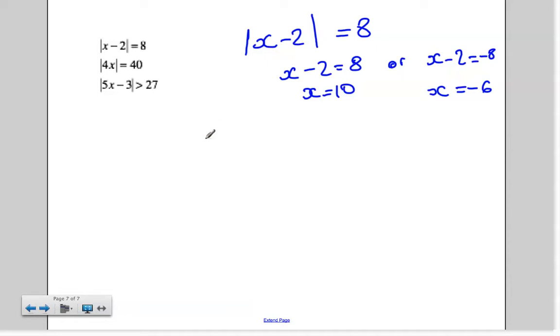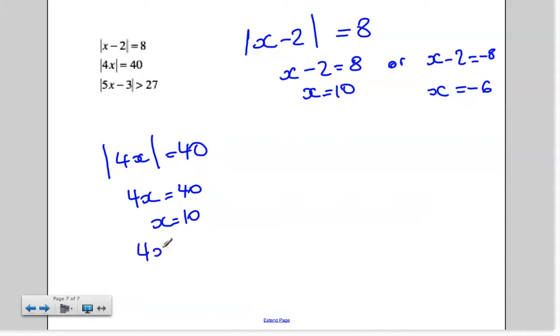So that's the answer to the first one. The second one, we want 4x to be equal to 40, so the original number could have been 40, which gives us x is 10, or the original number could have been minus 40, which gives us negative 10, and both of those would make that equation true.